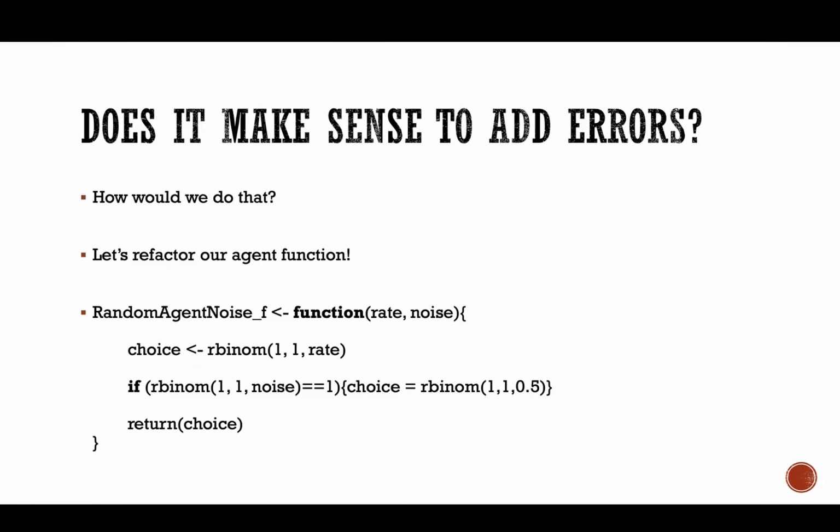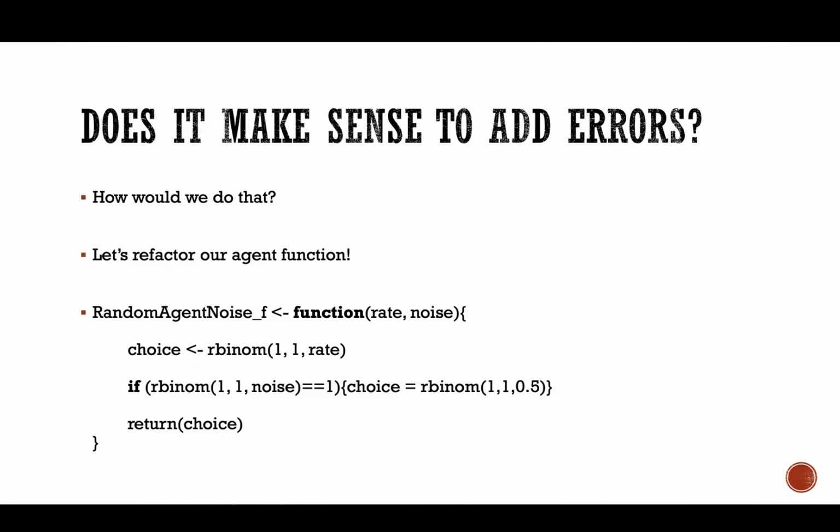We have a random agent noise function, which takes as input a rate and a noise. Then it picks a choice given the sampling of the binomial, but then it samples from a binomial with a rate equal to noise. So if noise is 0.1, there's a 10% chance of making an error.